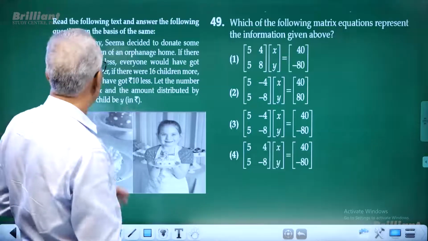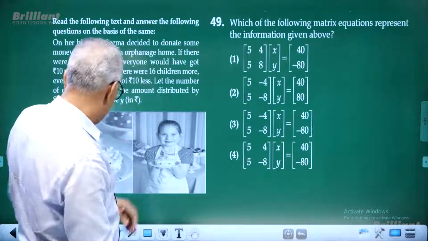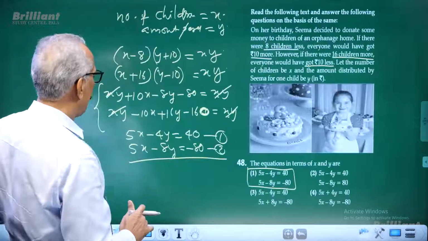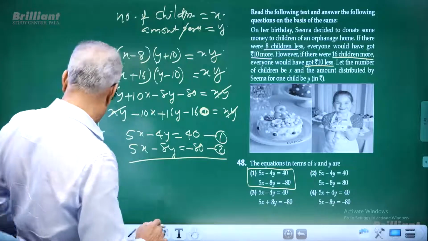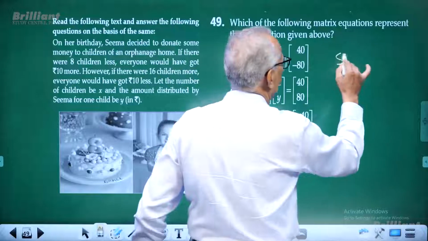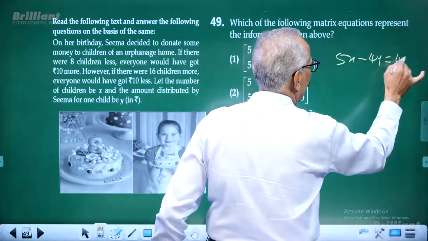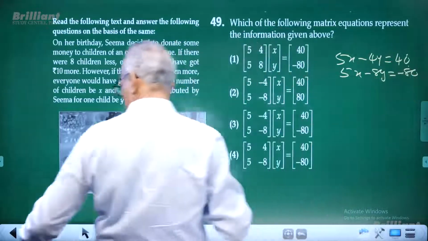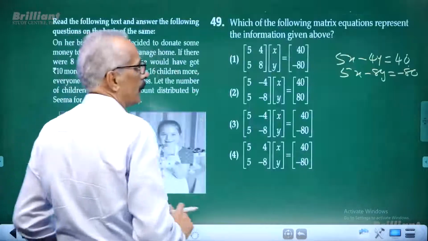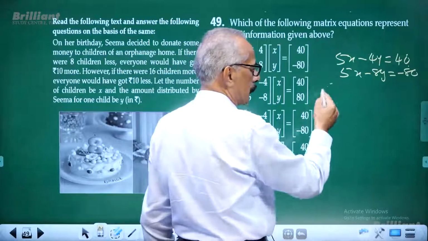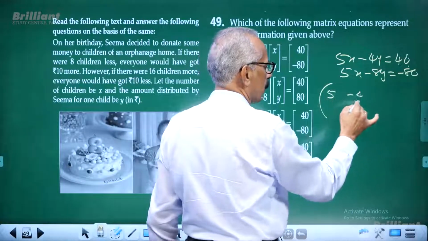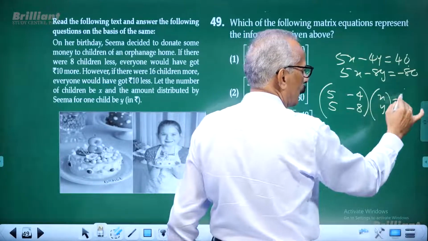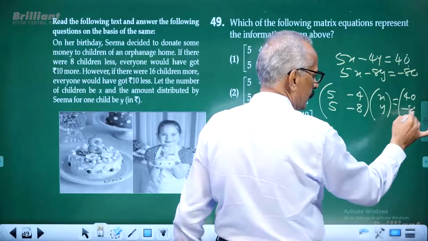Next is the same question. What do we need to write now? We got 5x minus 4y equal to 40, and next 5x minus 8y equal to minus 80. The matrix form, with coefficient matrix 5 minus 4, 5 minus 8, into column matrix xy, equals column matrix 40, minus 80.